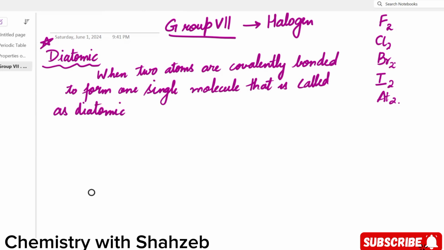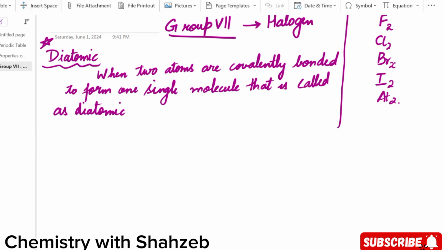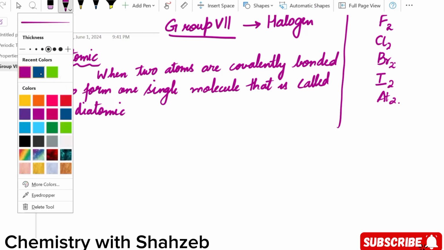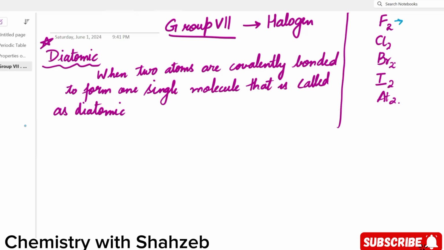So now in group 7, the elements are also called diatomic. We need to remember their colors, which are very important. We need to remember their states as well. So let's discuss their colors. Fluorine has a pale yellow color.